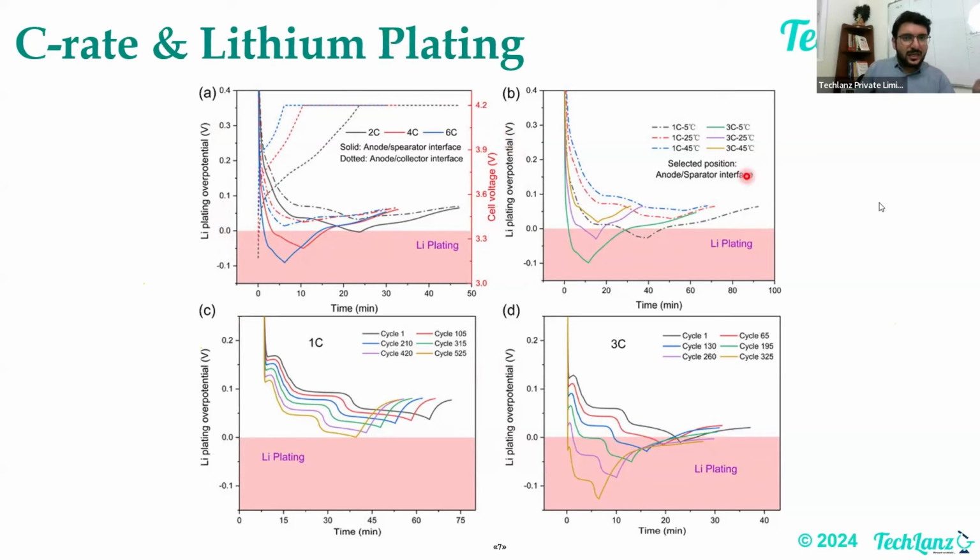See this example again. At 3C rating, when you're charging the battery pack at 3C, for cycle 1 the issue was not so severe. Can you see this black line? But at the 325th cycle, the lithium plating potential is very high. So your charging algorithm cannot remain constant, it has to evolve with time also.